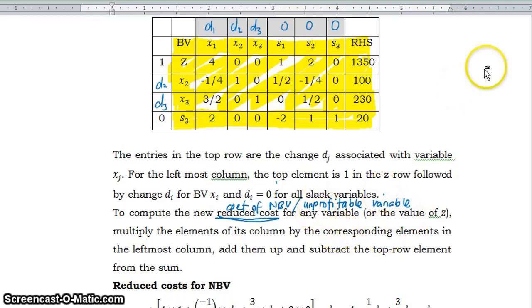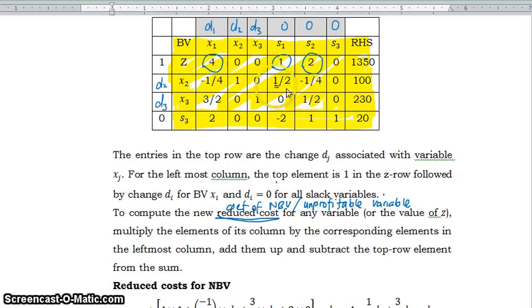So in this optimal tableau, we can see that the unprofitable variables are x1, s1 and s2. So we need to find the reduced cost for these variables.